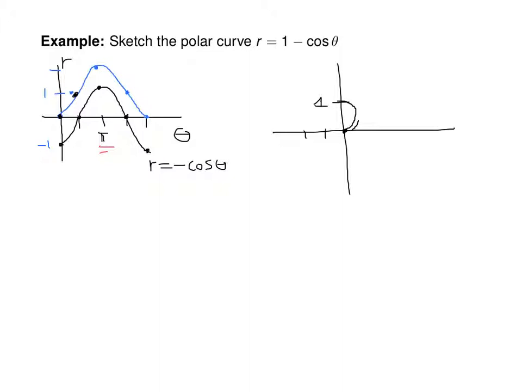By the time you get out there, you're a distance of 2 away from the origin. By 3 pi over 2, the radius has shrunk back down to 1. And by 2 pi, it's gone down to 0. So roughly speaking, there is our polar curve.